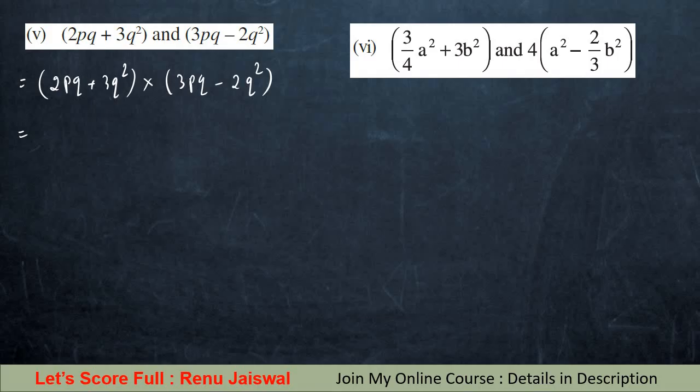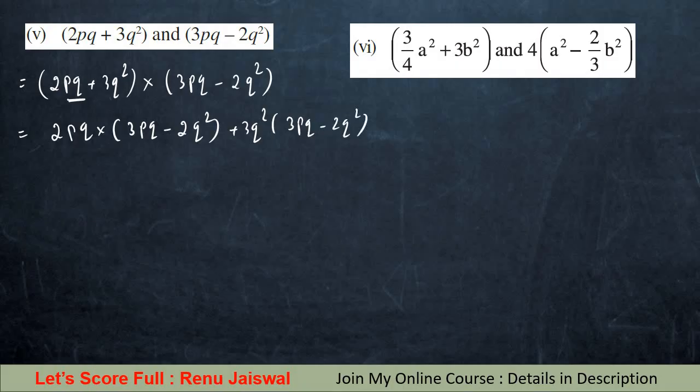What will happen? Again distribute. This is nothing but a binomial, so same to same. So 2pq, first term from the first bracket, copy the second bracket, that is our rule. And then this 3q square, same with the second bracket. First term whole second bracket, second term whole second bracket.